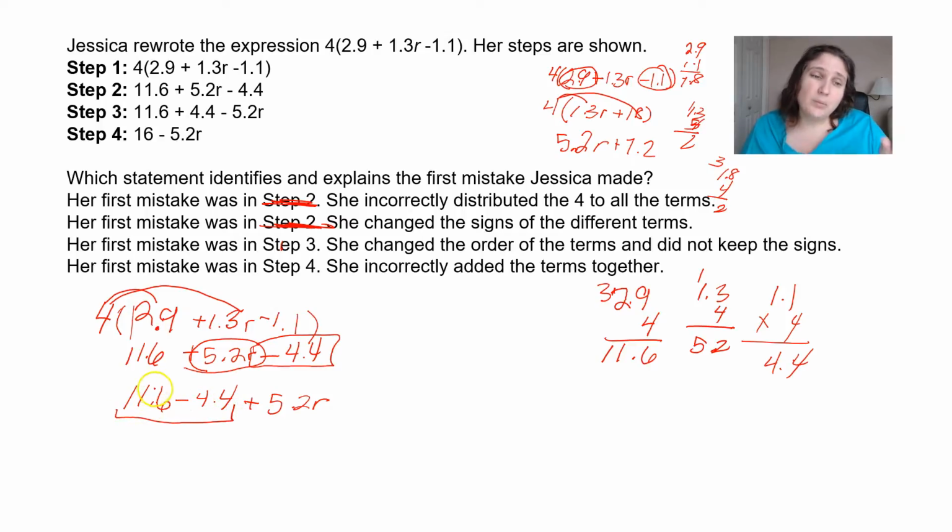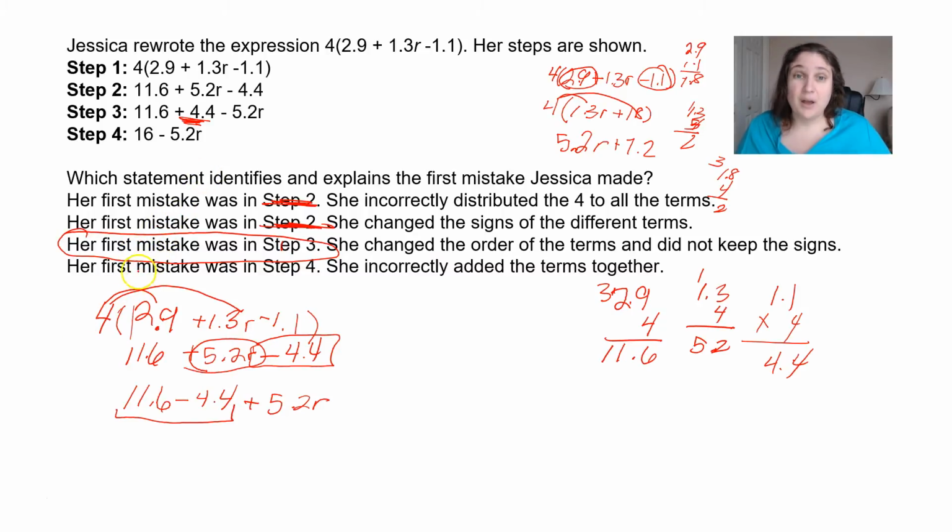Well, when we move it, the negative stays with the 4.4. Jessica didn't do that. She left the signs but moved the numbers. So that's her mistake. She changed the order of the terms, but she did not keep the signs connected. And then, of course, she simplified it, but we don't even have to look at that step. It's step 3.